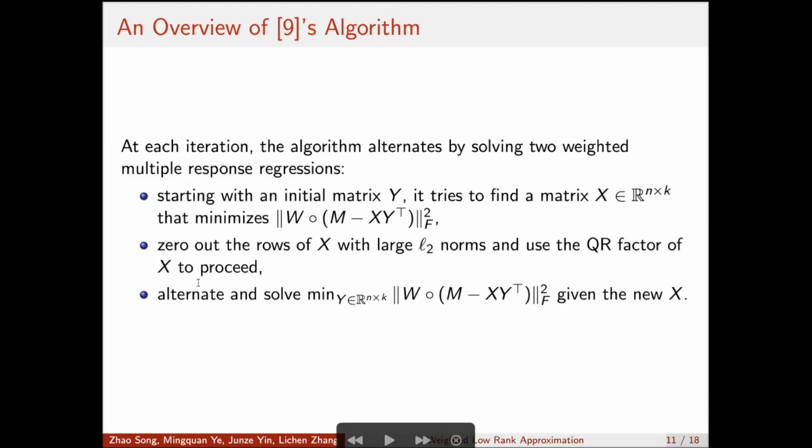Then it zeroes out the rows of X with large L2 norms, and then uses the QR factors of X to proceed. Finally, it alternates and solves the minimum of the Frobenius norm of W circle with M minus XY transpose, given the new X.